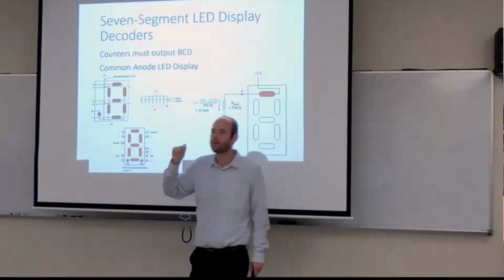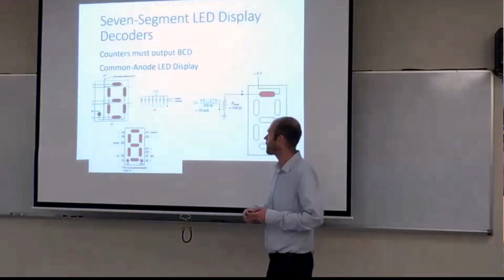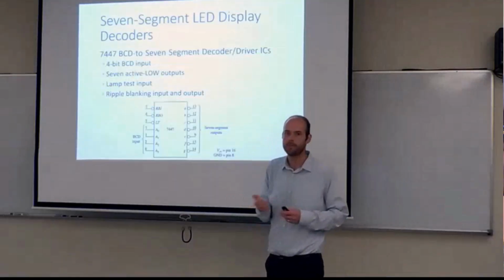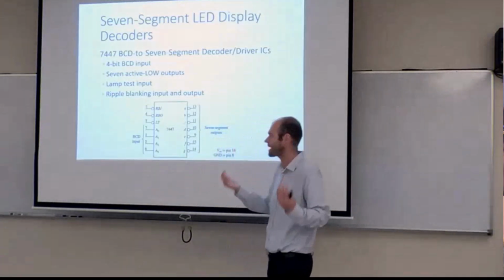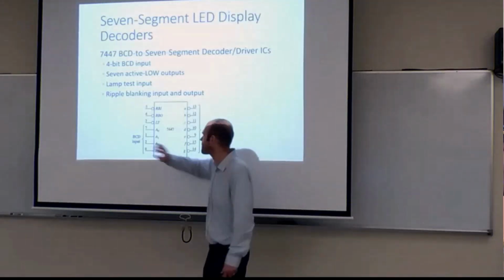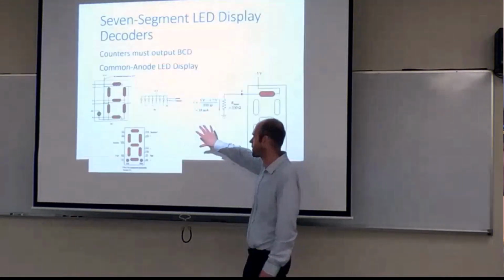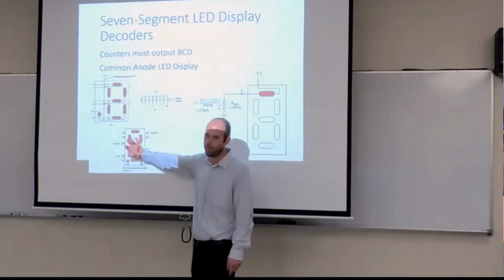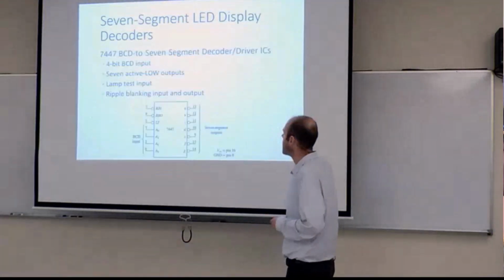It's not a sequential count of the LEDs. So we do have a decoder chip or decoder set of logic, essentially a lookup table, similar idea to an ASCII table, that says for this binary number, here's which LEDs need to be turned on to make the number 1, the number 2, the number 8, the number 0, and so on and so forth.